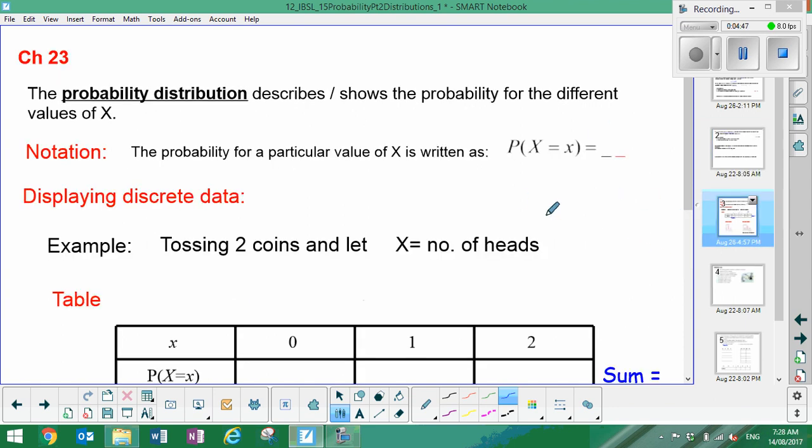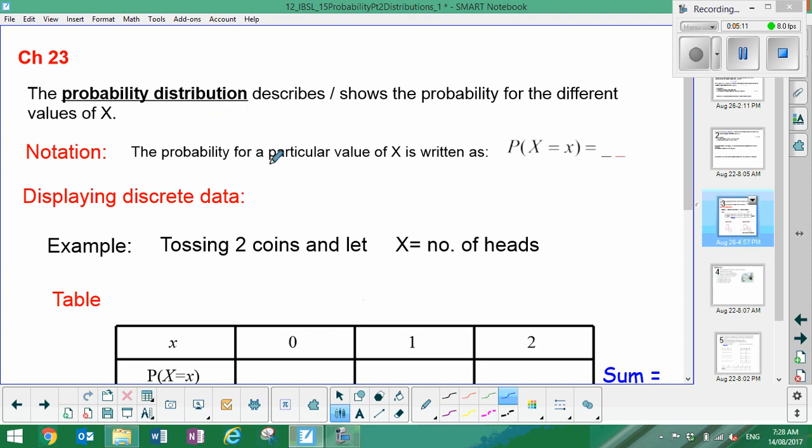So coming back to 23, because we'll look at the continuous one in the next chapter. In 23, we're back to thinking discrete, things that we're counting. The probability distribution describes or shows the probability for all the different values of x. So that means we need to know what are all the different possibilities that x could be.